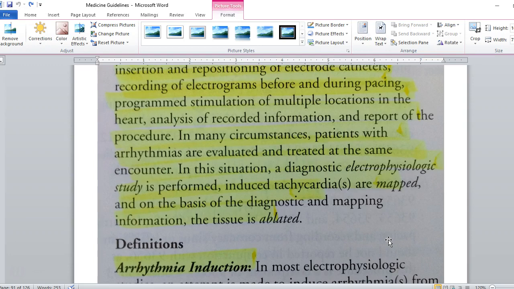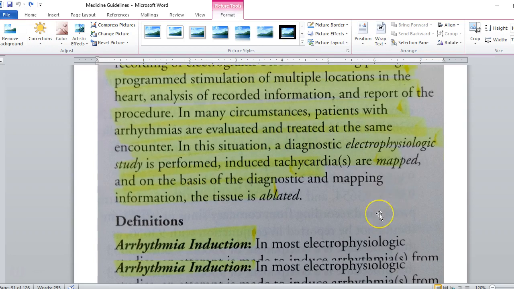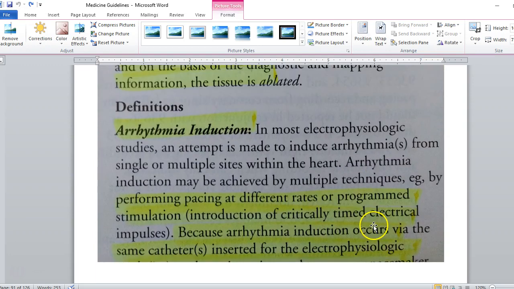Okay, so let's talk about what they're doing here. The first thing is arrhythmia induction. They want this person's heart to go into a bad rhythm, because then they can start to map why the heart is going into a bad rhythm and what part of the heart is not receiving the correct signal.